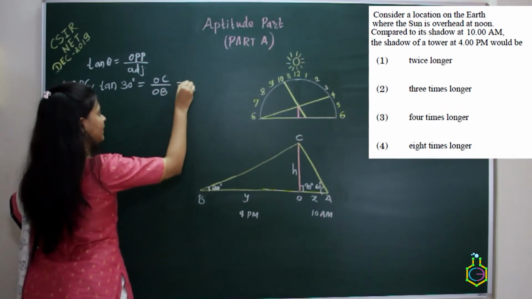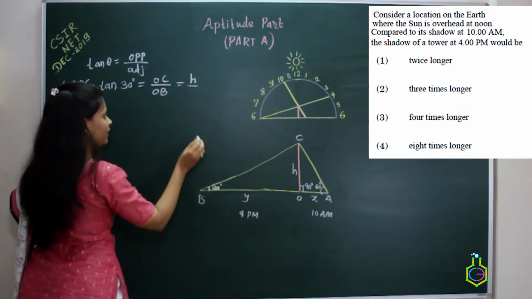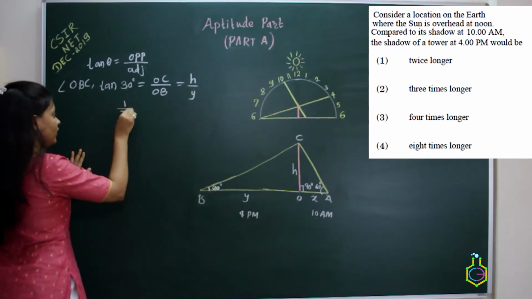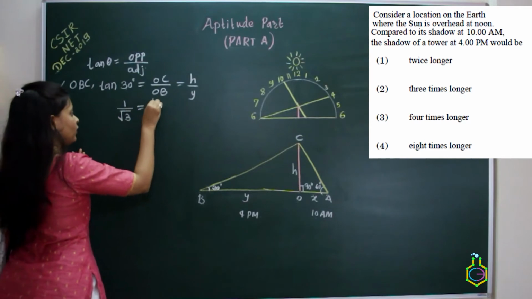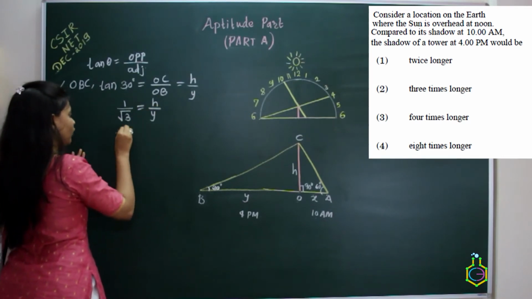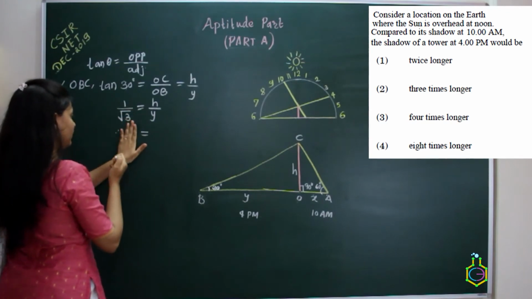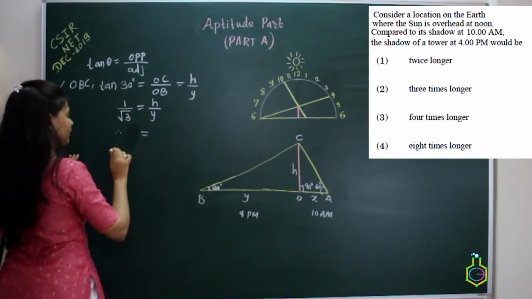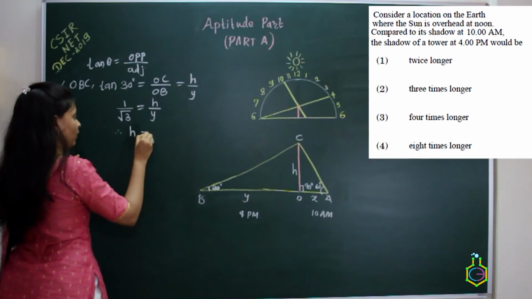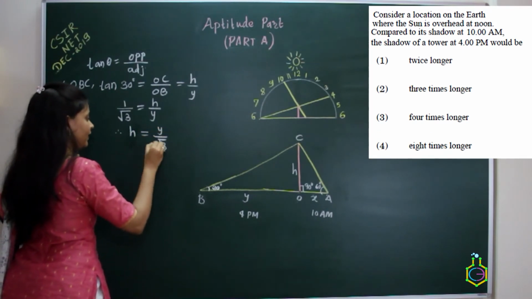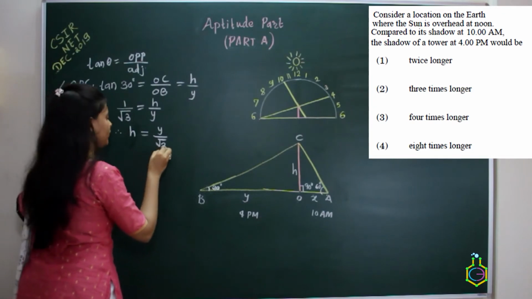What is OC? It is height, and what is OB? It is y. Tan theta is 1 upon root 3, equal to h upon y. Therefore h is equal to y upon root 3.